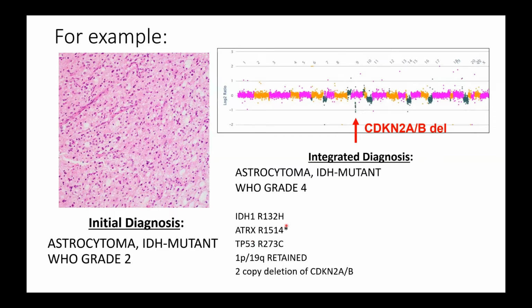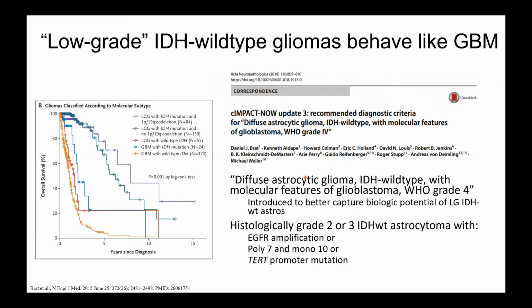And here's the mutation information from that assay. So now with the molecular information, we can revise the diagnosis and issue an integrated diagnosis of astrocytoma IDH mutant grade 4. Helps the clinicians address that behavior a little more accurately than just sitting and waiting, perhaps, if the tumor is not so aggressive.